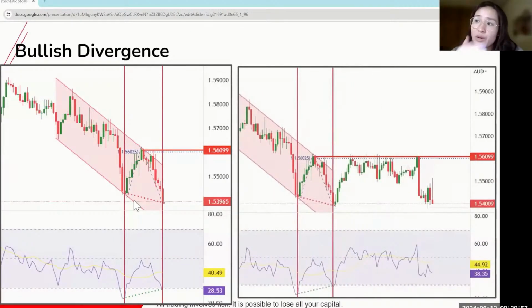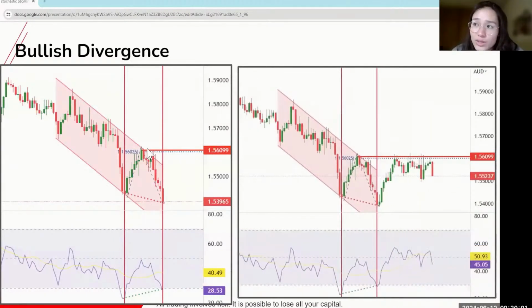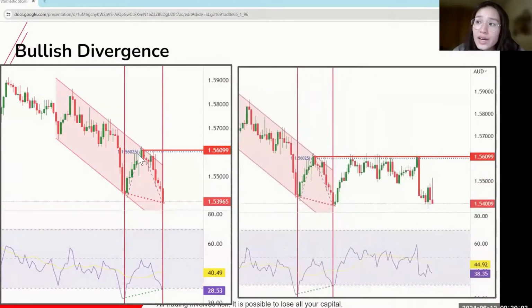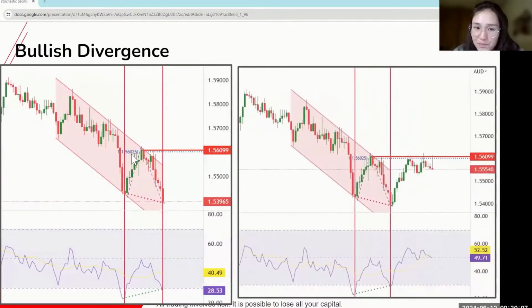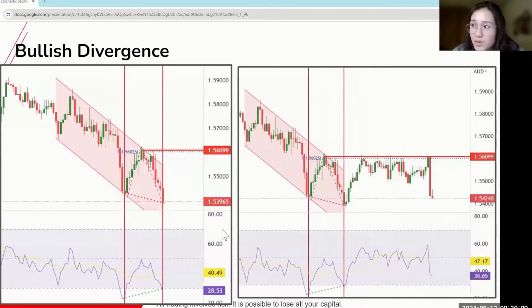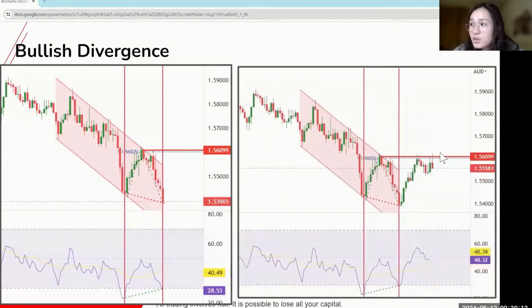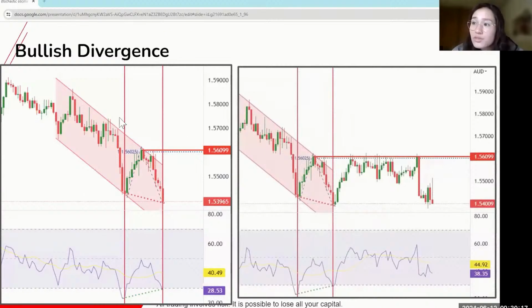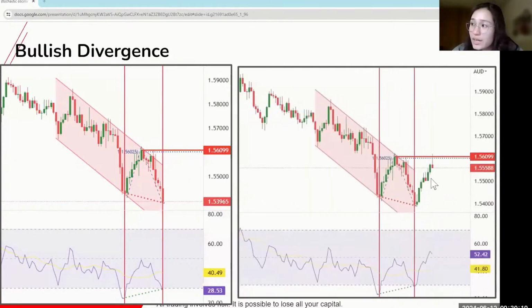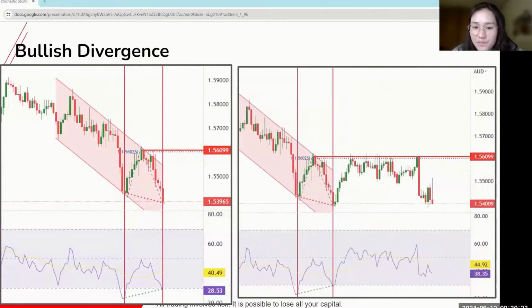That in combination with our resistance level here, that's also in line with a swing high and also a 100% Fibonacci projection. Okay, as you can see in the GIF, price actually broke out of that descending trend channel and it reversed off of that resistance line.